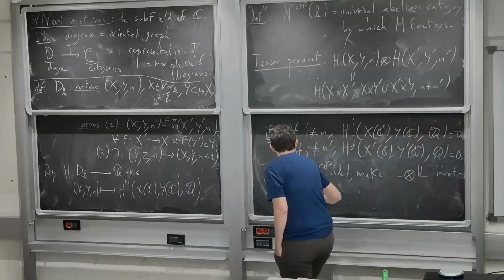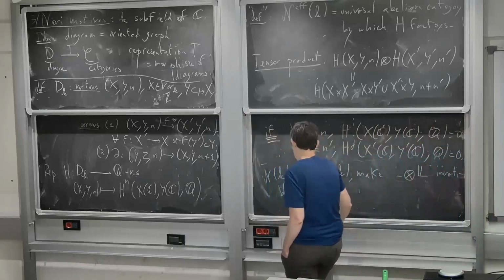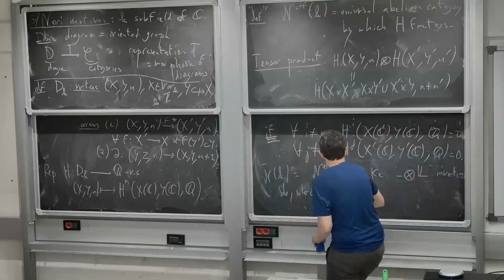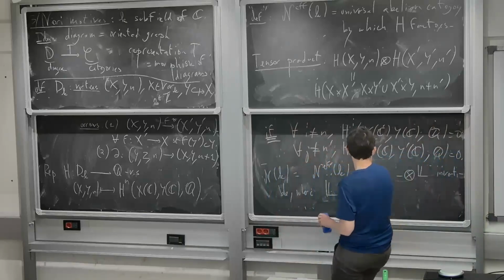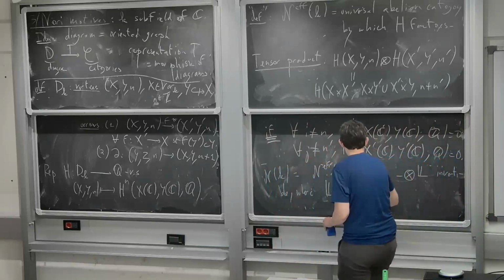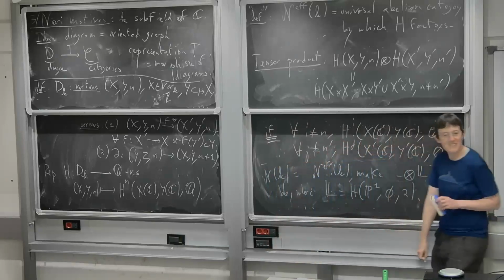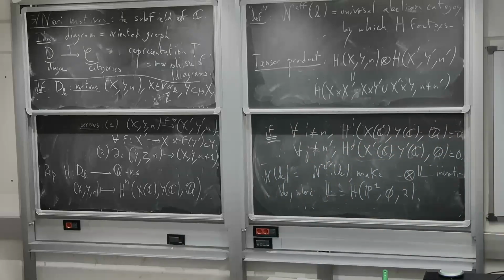And what is the Lefschetz motive? Well, you can define it. For example, you can take H2 of P1. Or you could take H1 of Gm.